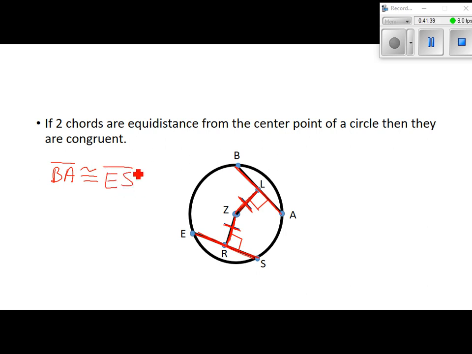And not only do I know that, but I also know that these two parts are congruent. And if they're congruent, they're also the same length as these two parts up here. So all 4 of those little parts are the same.